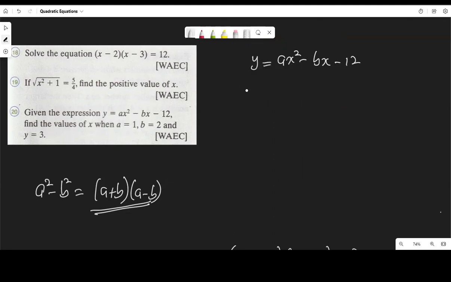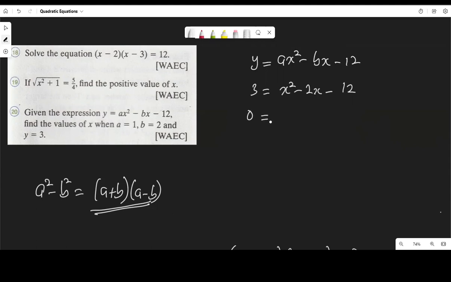y is 3 equal to a is 1. 1 times x squared is x squared. Minus b is 2, 2 times x is 2x. And minus 12, which is a constant. So to solve this, let me move this 3 across to this other side.